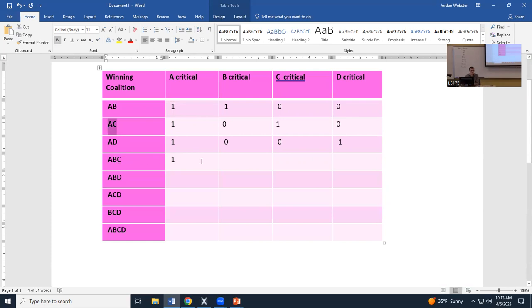So dropping B out was fine. So B was not critical. And similarly, if you drop C out, you get AB. Well, AB was already a winning coalition. So C is not critical either. D is not in there, so it's not critical. So in the ABC coalition, A was critical, but nothing else was.